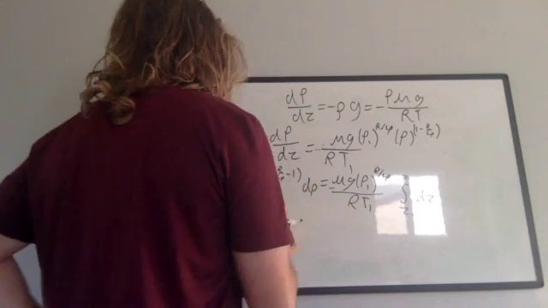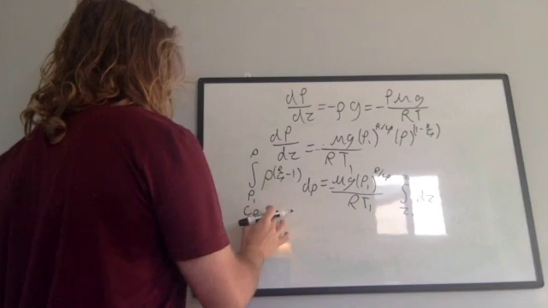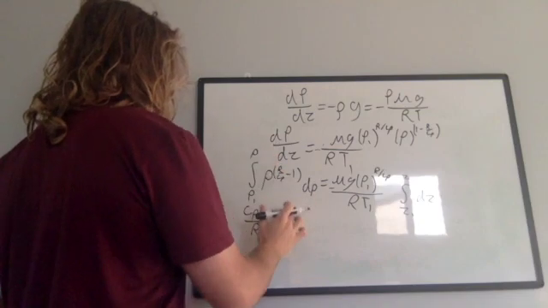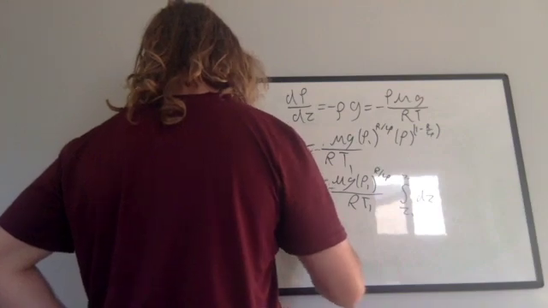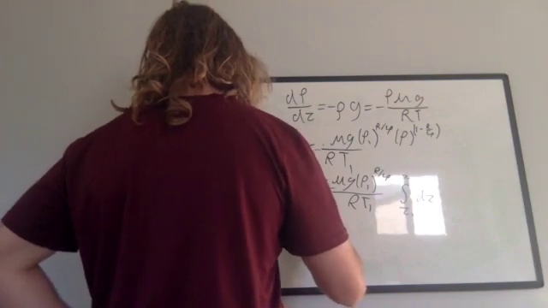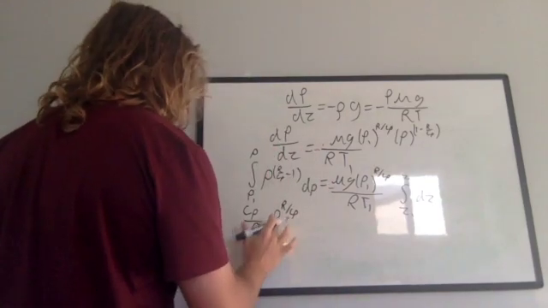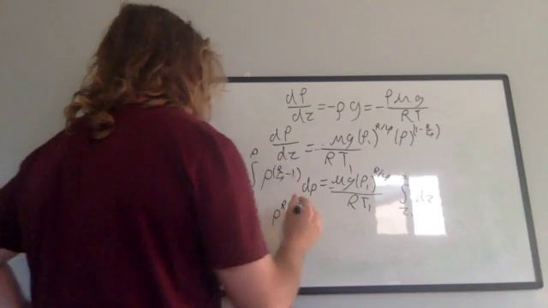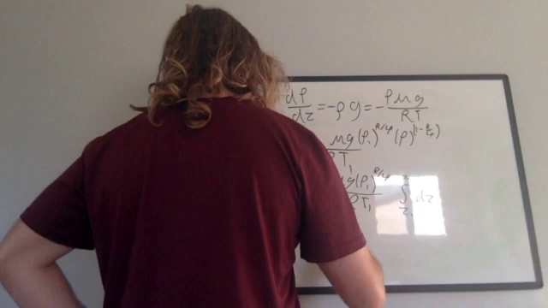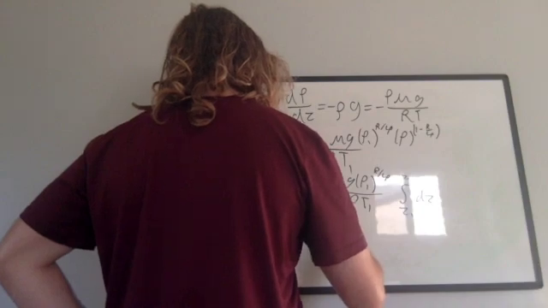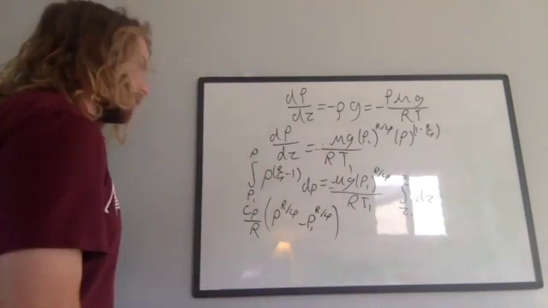And then pretty much what this is going to become is P to the R over CP still. This should be a P right here. This is going to be our P at the higher altitude to the R over CP minus P1 to the R over CP, like so. And that is going to be our integral right there.